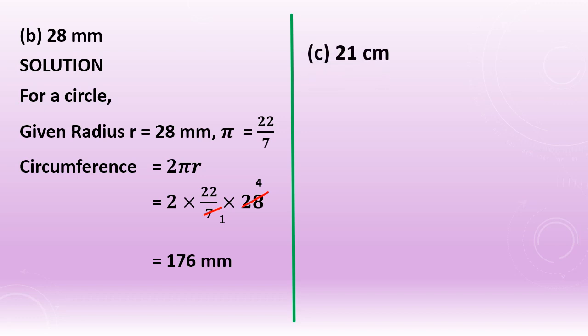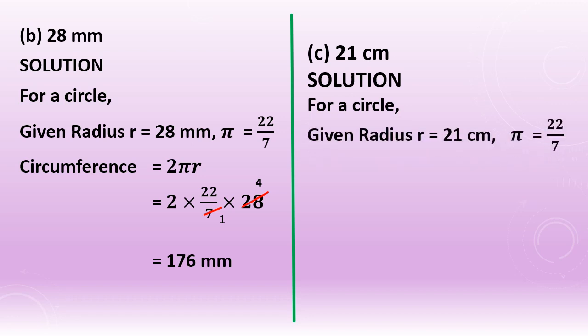Next is question C, 21 centimeter. So for a circle, given radius equals 21 centimeter and the value of pi is taken as 22 upon 7. Circumference of a circle is 2 pi r.